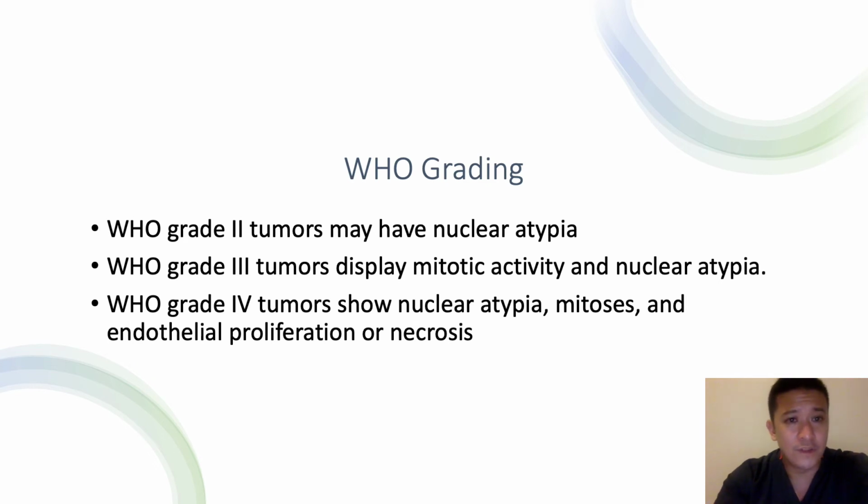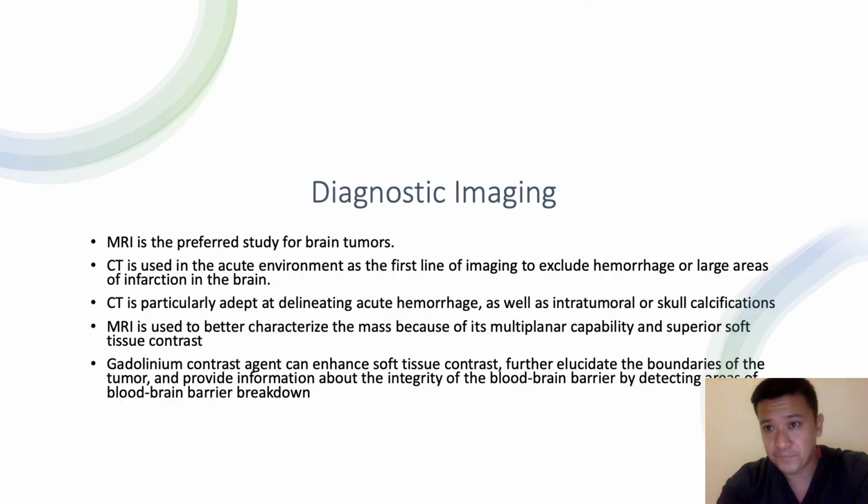Now, to go on to the WHO grading of gliomas, you have your WHO grade 2 tumors, which may have nuclear atypia, WHO grade 3 tumors, which display mitotic activity and nuclear atypia, and your WHO grade 4 tumors, which show nuclear atypia, mitosis, and vascular or endothelial proliferation or necrosis.